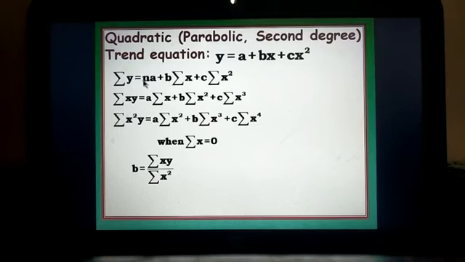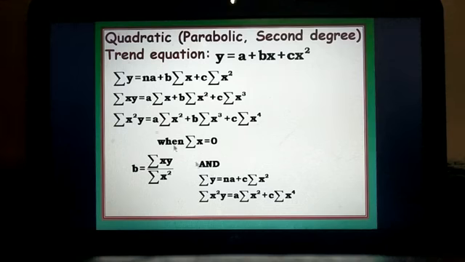What happens to the first normal equation? Once summation of x is equal to 0, this term goes to 0. What remains is sum of y is equal to NA, concentrate on the cursor, plus this term is 0, plus c summation of x square.